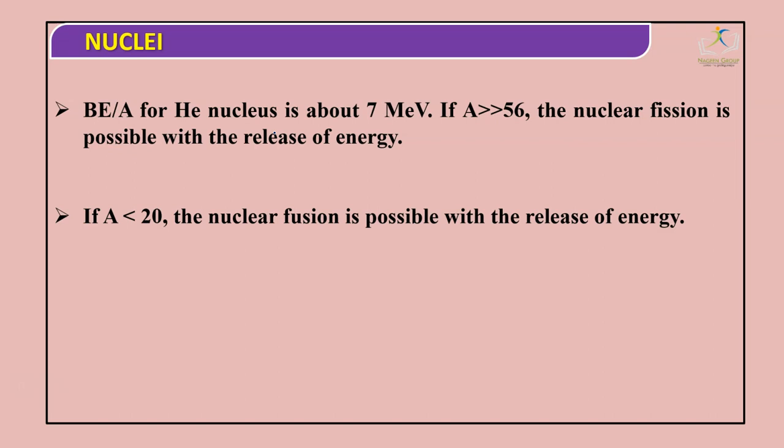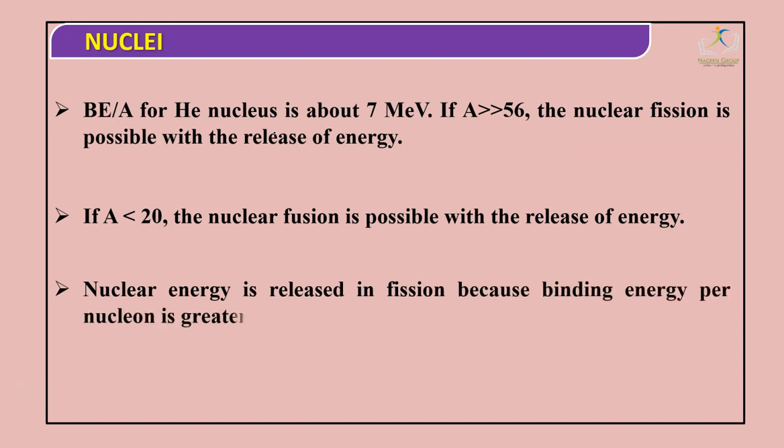And if the value of A is less than 20, then nuclear fusion is possible with the release of energy. Students, nuclear energy is released in the fission form because the binding energy per nucleon of the fission fragments is greater than that of the initial heavy nucleus.